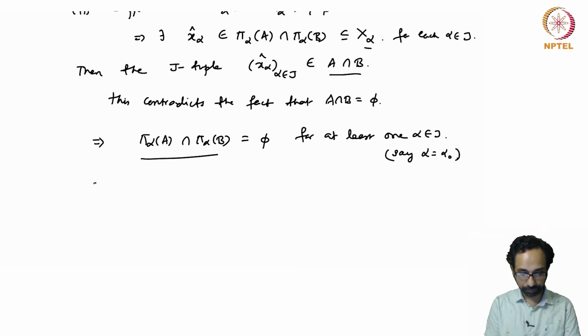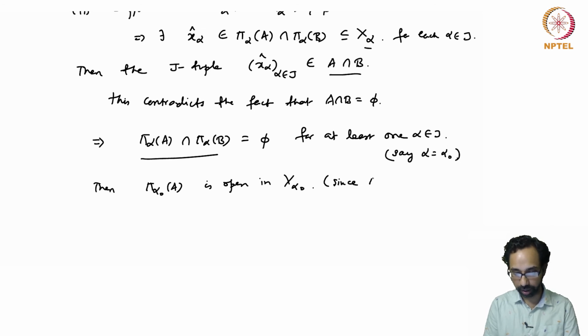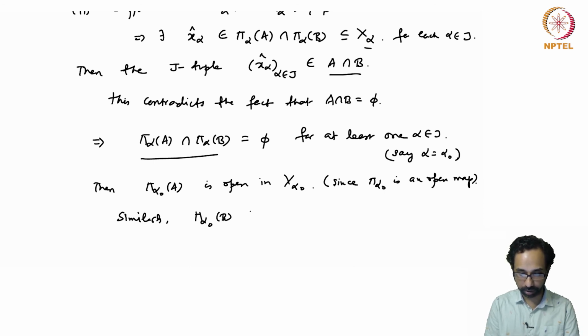Then pi alpha naught A is open in X alpha naught because pi alpha naught is an open map, and similarly pi alpha naught B is also open in X alpha naught, and they are non-empty.